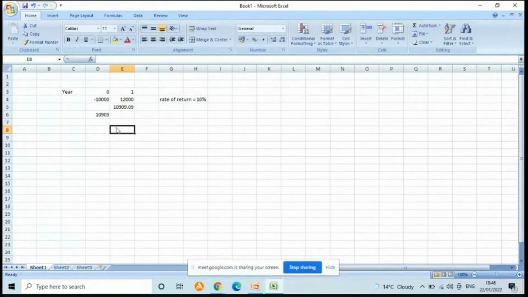Hence, I should invest. So my NPV, which is net present value, is this minus this, which gives me a positive number. If this is positive, the investment is worth investing. If this is not positive, it's not worth investing.